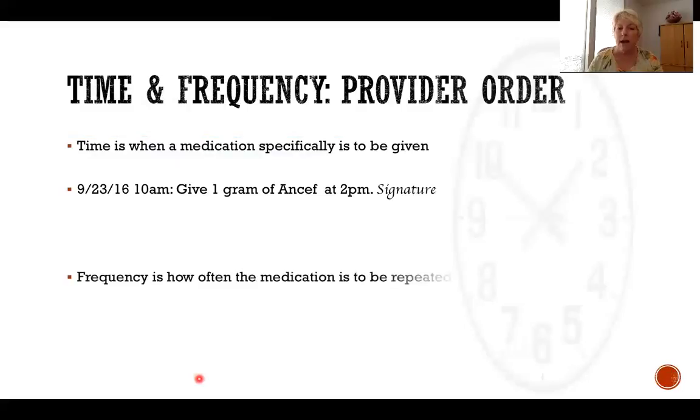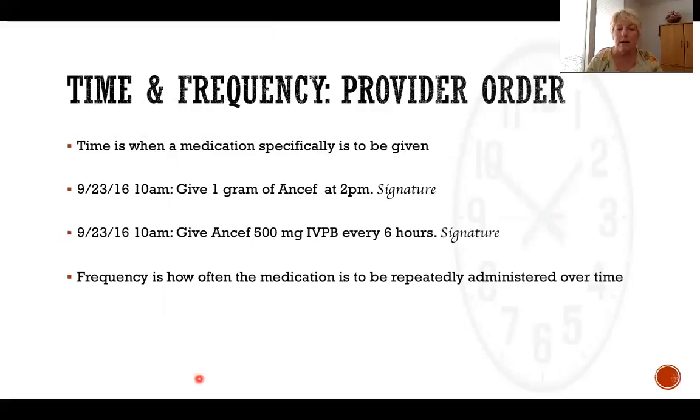What you must have is the frequency, or how often the medication needs to be repeatedly administered over time. An example of what that order would look like would be this. Give Ancef 500 milligrams IV piggyback every 6 hours.